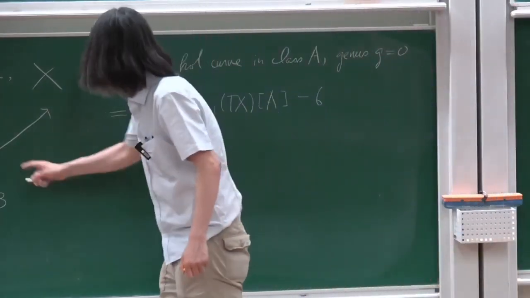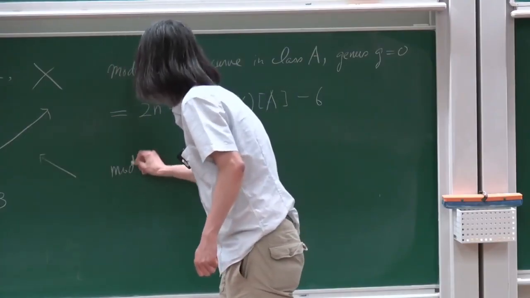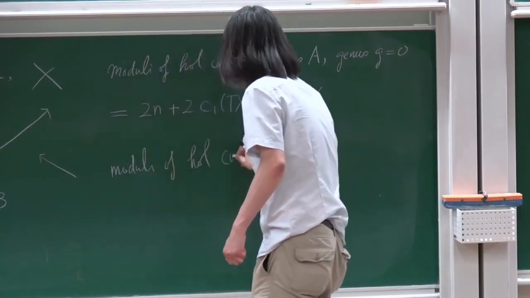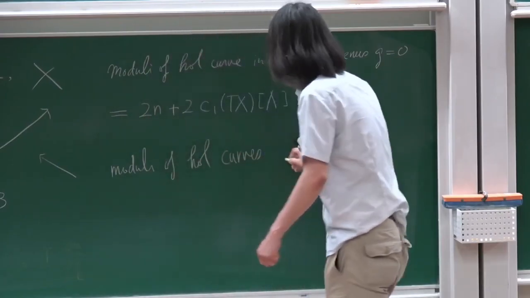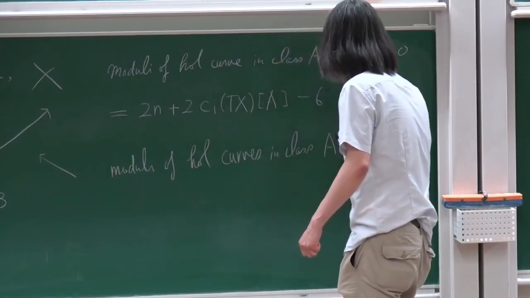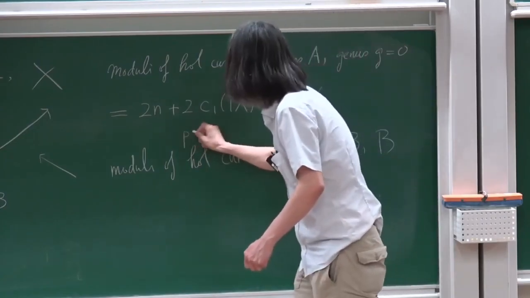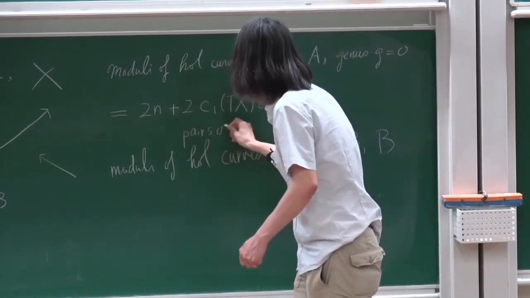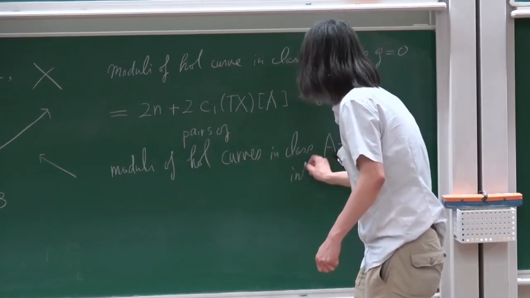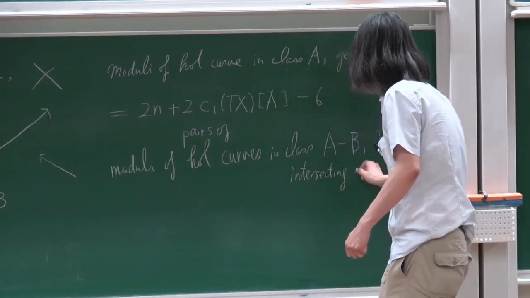And for this one, so moduli of holomorphic curves in class A minus B and B, pairs of holomorphic curves intersecting each other.